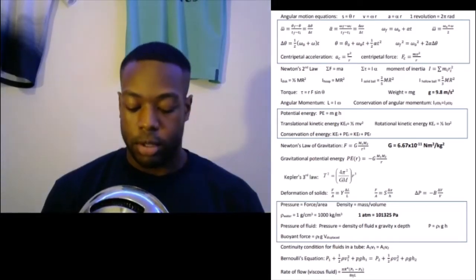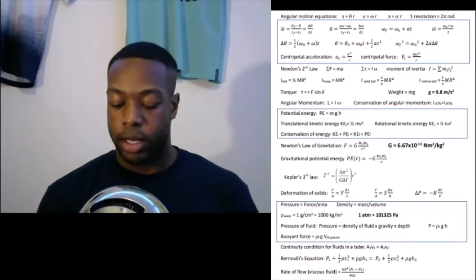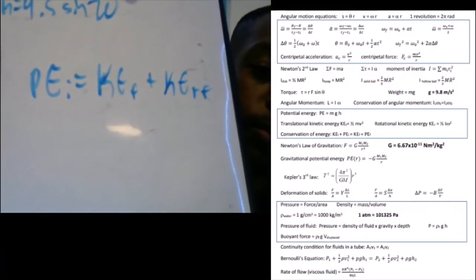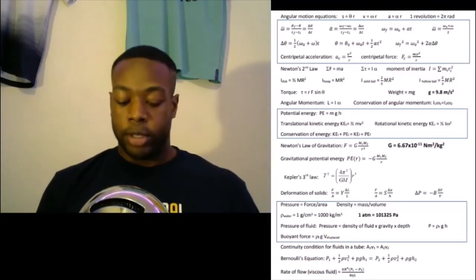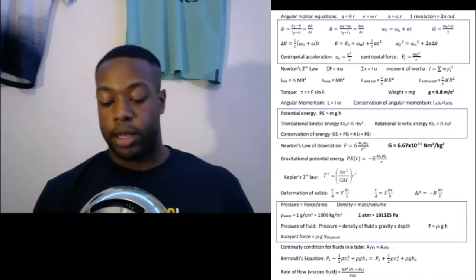So we've got potential energy initial equals kinetic energy final plus rotational kinetic energy final. So you wrote that, and that's what we're dealing with. We know potential energy initial is going to be mgh, mass times gravity times height.